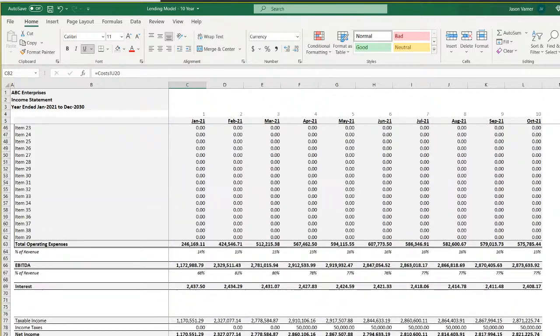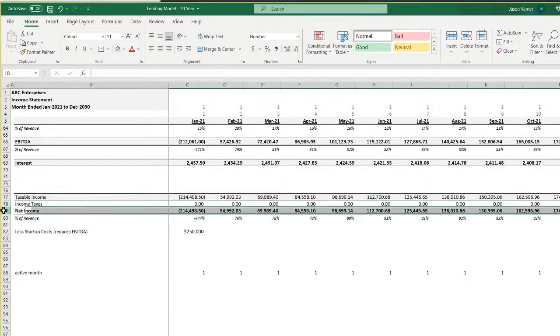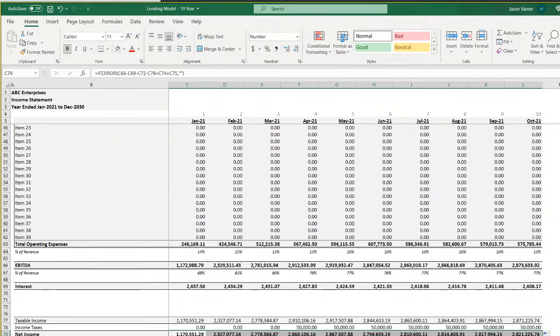We need to make sure, okay, so we're done there. Let's make sure the net income matches the net income on the monthly. 26,062, 25,821. So that's off, so there's some difference there. Let's see. What are we out by?